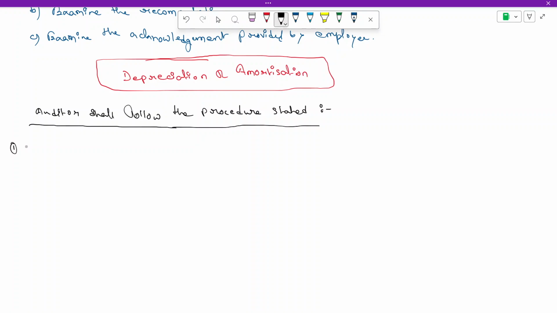First will be understanding the entity's accounting policy.